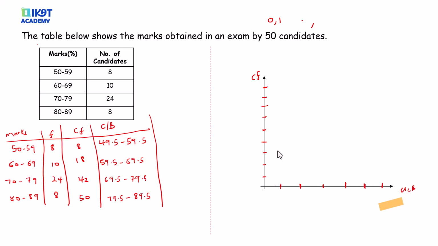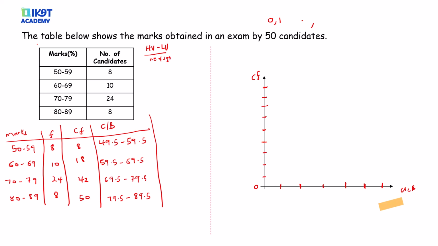Now, we said as a rule the cumulative frequency side will start from 0. Hope we all remember that. So the vertical axis should start from 0 every time. Now you come to your cumulative frequencies and you see what's the highest. The highest is 50. Whenever you're plotting any graph, you get the highest value minus the lowest value divided by the number of squares.